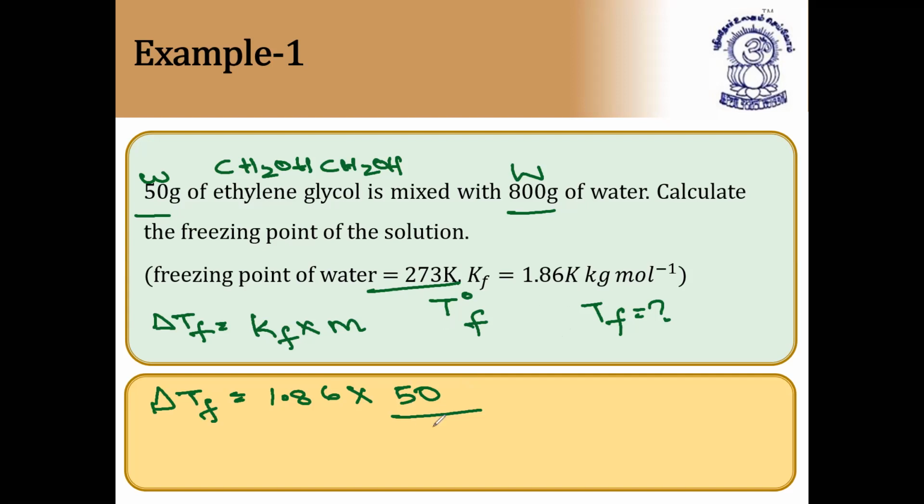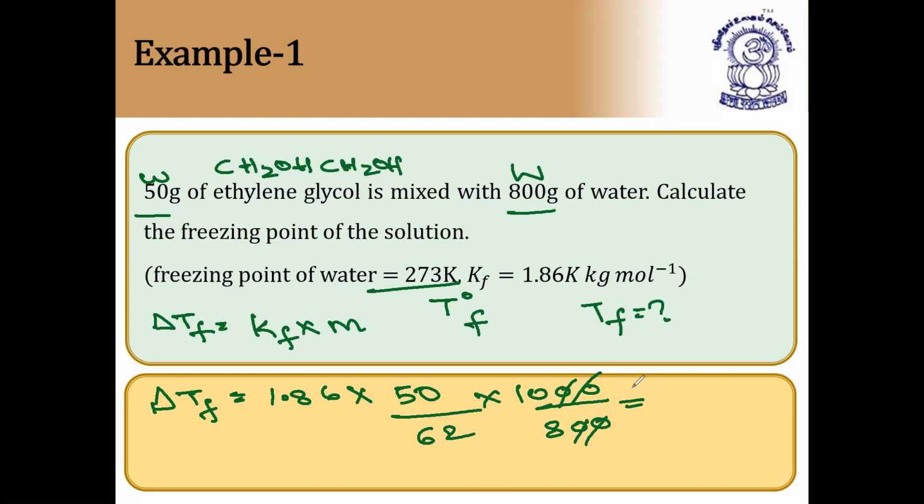So 50 by 62 into 1000 by weight of solvent, that is 800. So by calculation, the 0 gets cancelled. So 50 into 10, 500 by 62 into 8. So 62 into 8 is equal to 496. So we got 500 by 496, because 50 into 10 into 1.86.